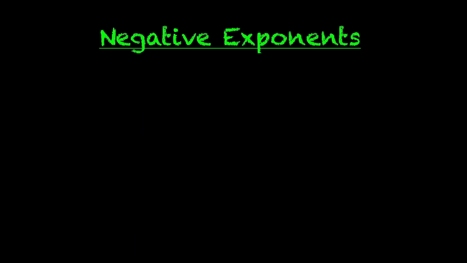All right, for our next law of exponents, let's take a look at 1 over 7 to the third. And we're going to use some of our laws of exponents we have from before and generate this negative exponent. So remember that 1 is the same thing as 7 to the 0. So we'd have 7 to the 0 divided by 7 to the third. And now we can subtract those two exponents, so 7 to the 0 minus 3, or 7 to the minus 3 power.